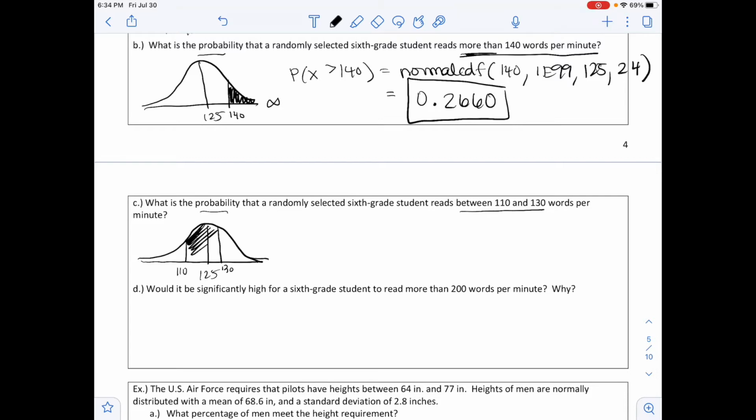Between means we're going to shade the area between those two values. So we're finding the probability that x is between 110 and 130. To find that probability or the area, we use normal CDF. Lower bound for this one is 110, upper bound is 130, mean is 125, and standard deviation is 24.